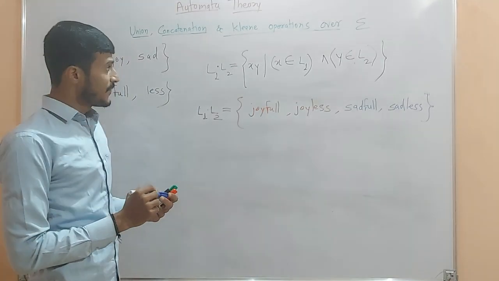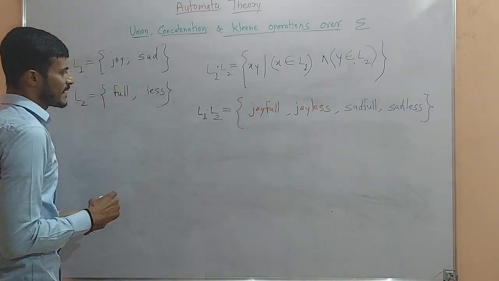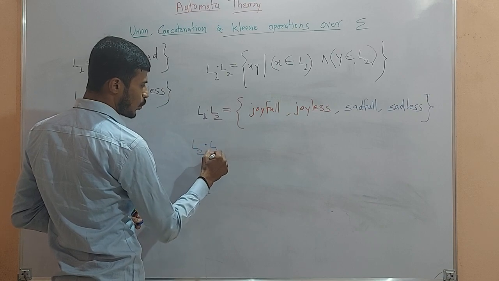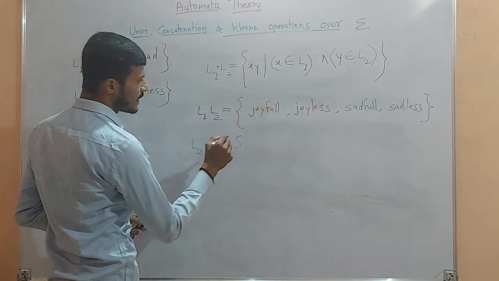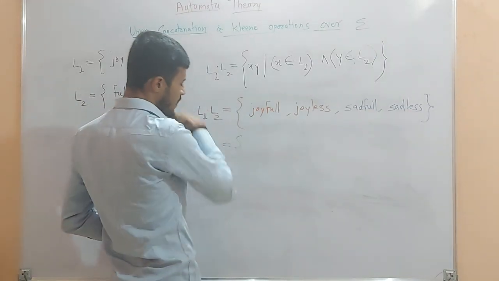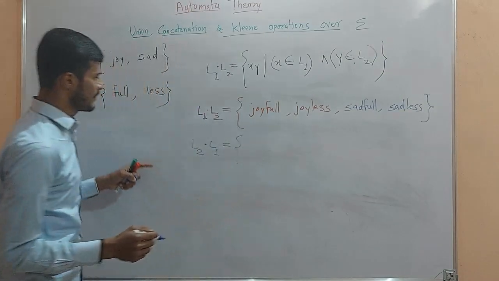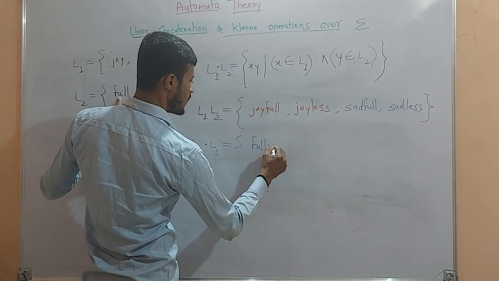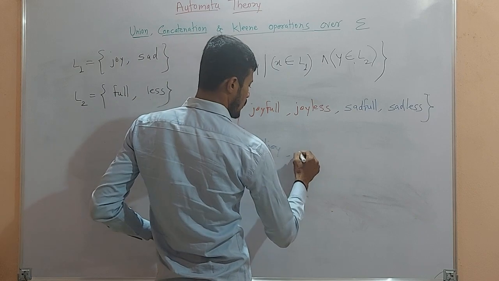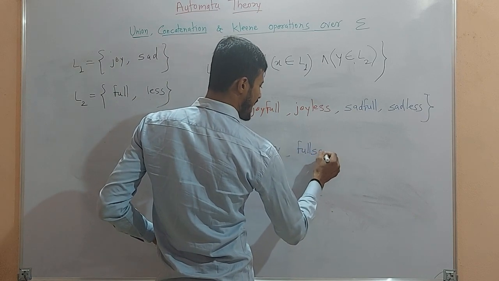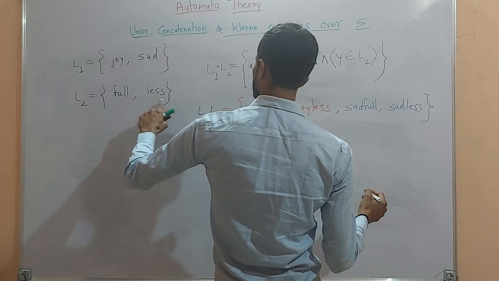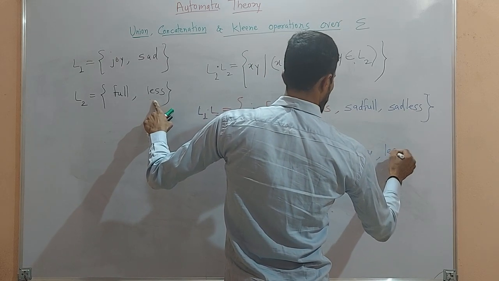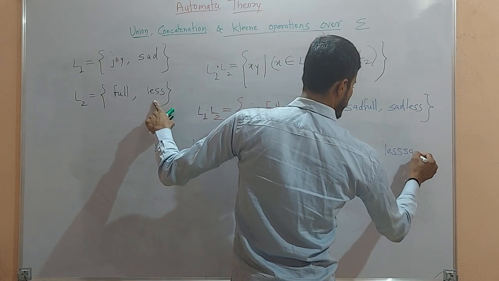If I go for, let us consider the same example, L2 concatenate L1, what will be the result here? In this case, the result will be full joy, full sad, then less joy and less sad.